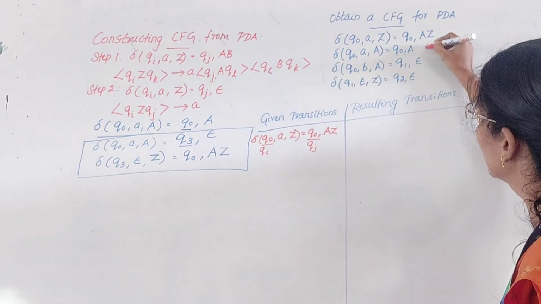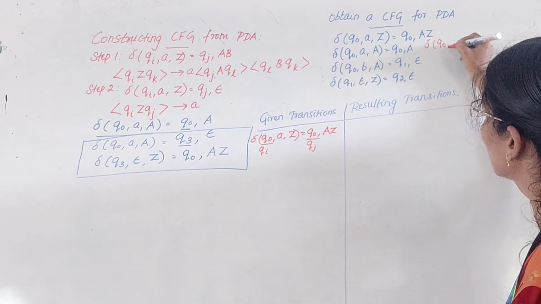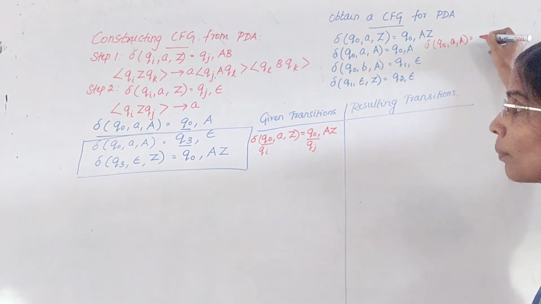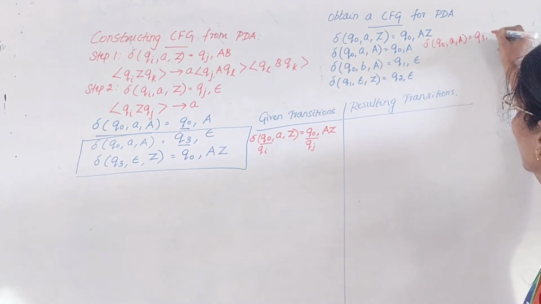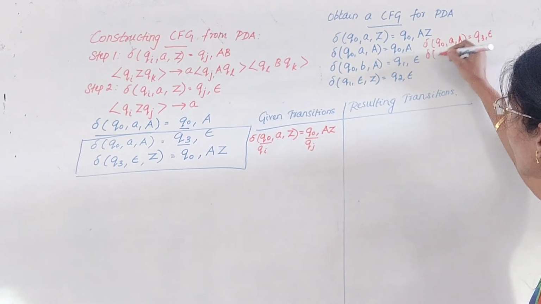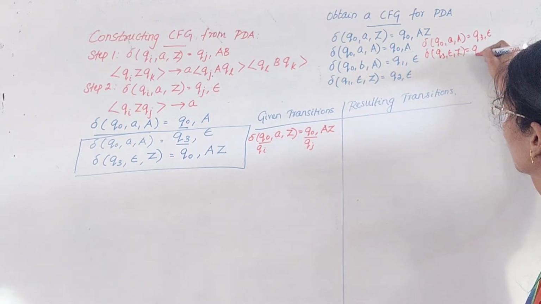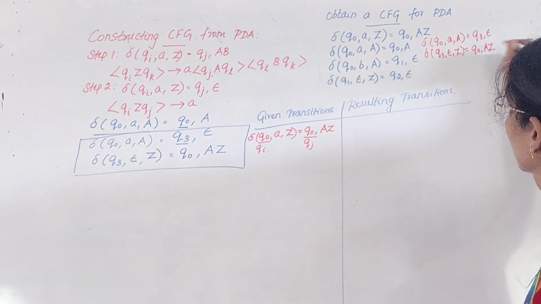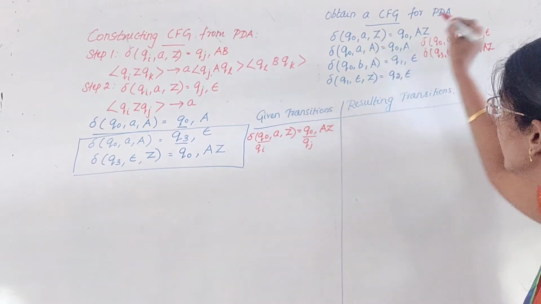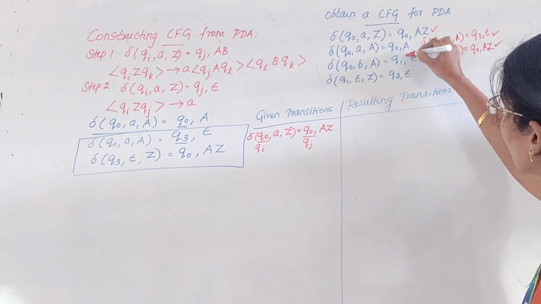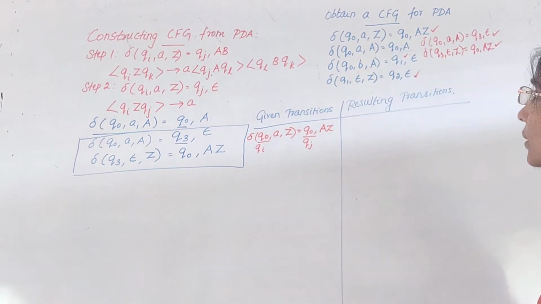Right, delta of Q0 comma A, which is equal to Q3 comma epsilon, and delta of Q3 epsilon Z, which is equal to Q0 comma A Z. So instead of this transition, now I have 1, 2, 3, 4 and 5 transitions.